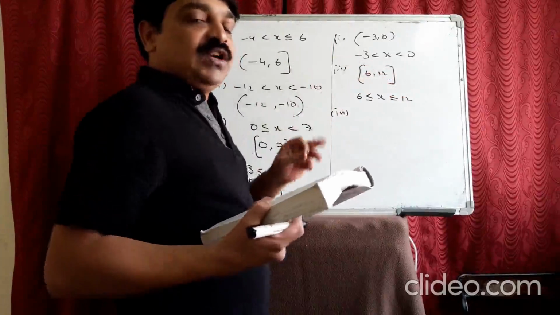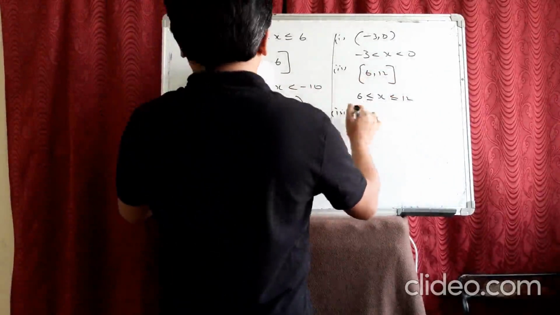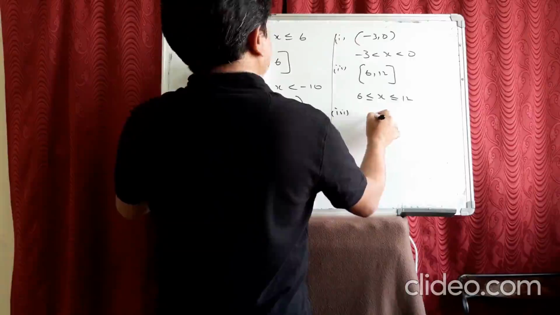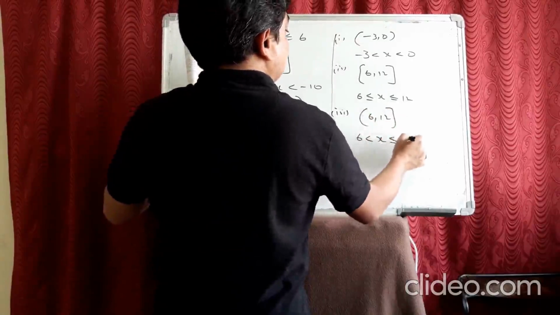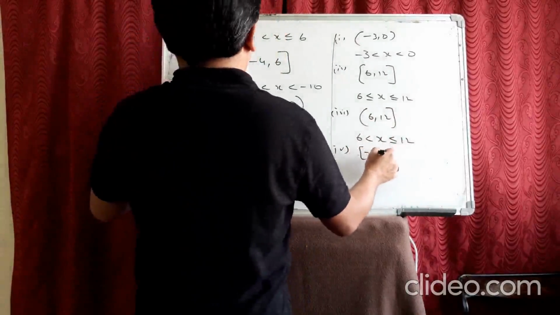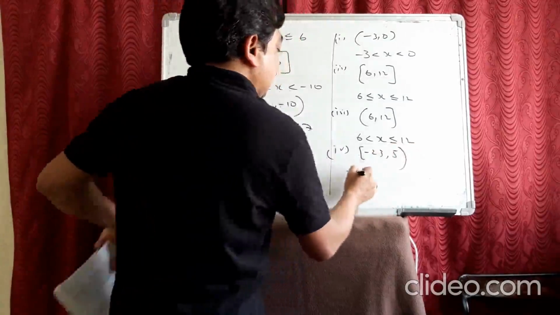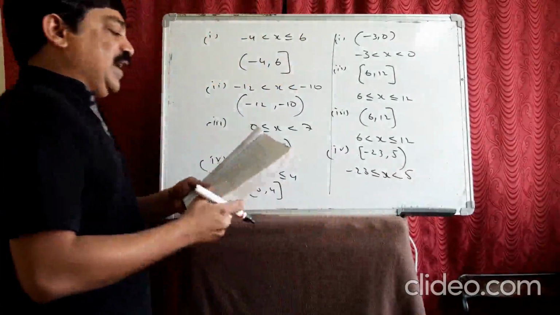That should be in ascending order always. And third one, 6 comma 12, this is open, this is closed. So 6 less than x less than or equal to 12. Fourth one, -23 to 5. It means -23 will be included, but 5 will not be included.